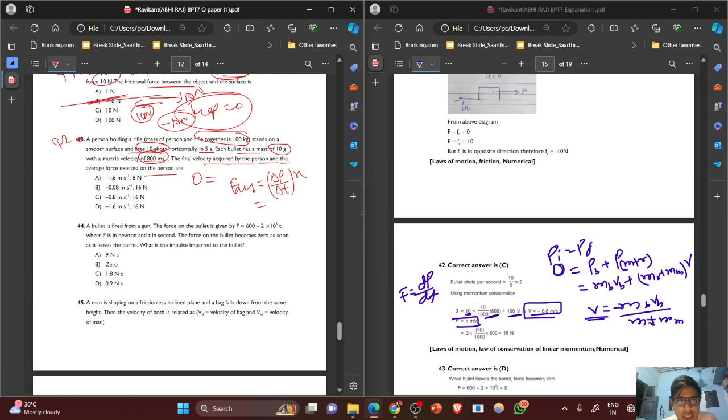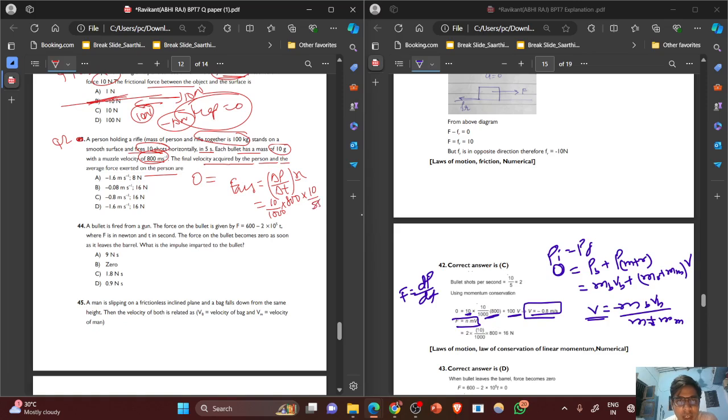Then your change in momentum will be mass, which is 10 upon 1000, into velocity. That is the recoil, the muzzle velocity, 800, and it's simply 10 shots in a time of 5 seconds.